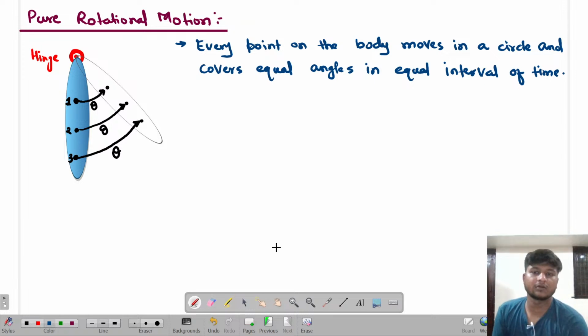Then we call it rotational motion. Are you able to get me or not?